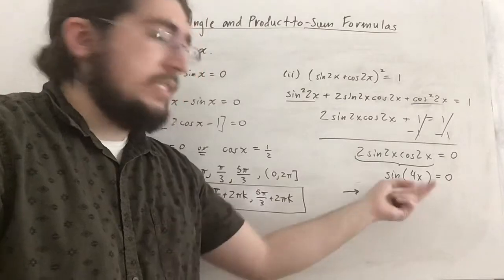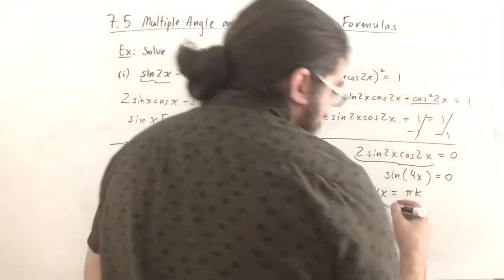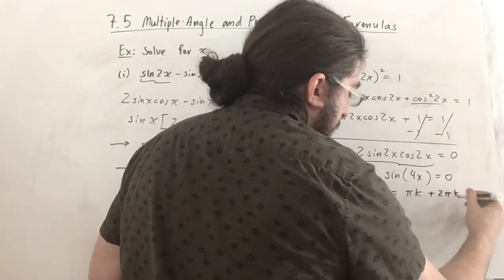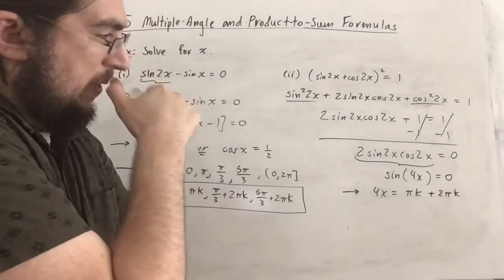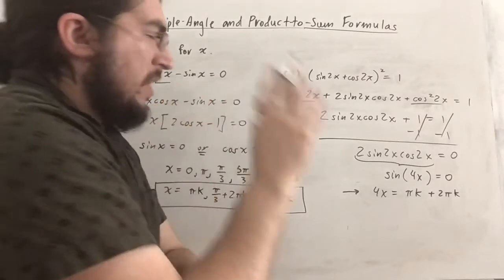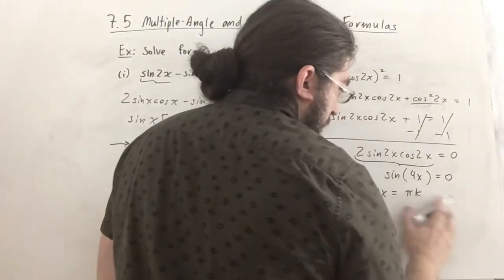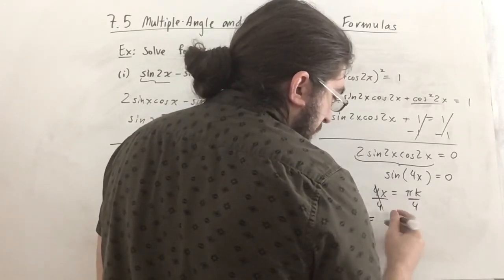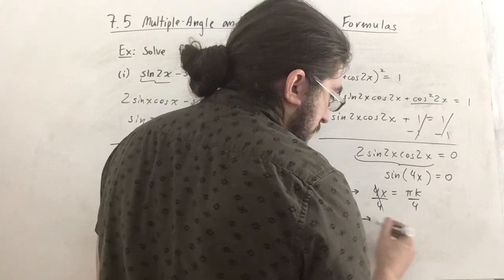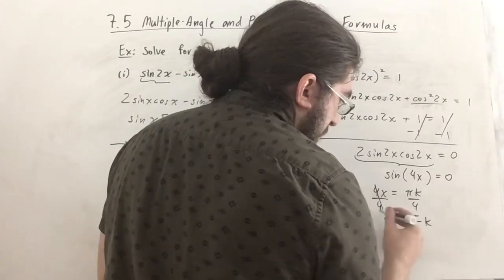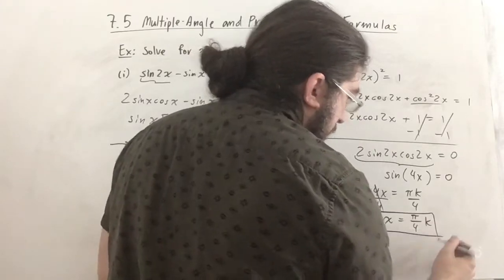So we have 4x equal to pi k. Then divide by 4, and you end up getting that x is equal to just the multiples of pi over 4.